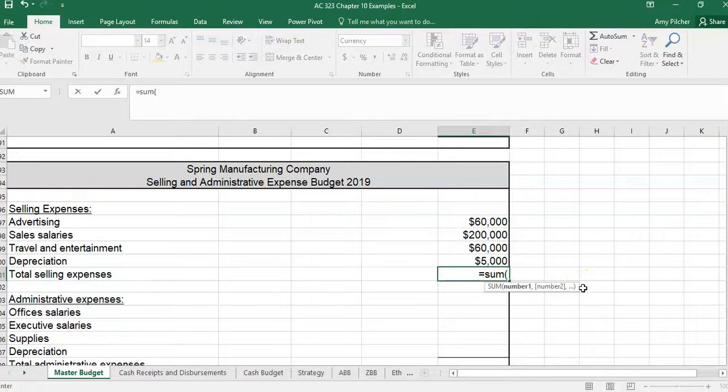Add those together, and those are our total selling expenses.